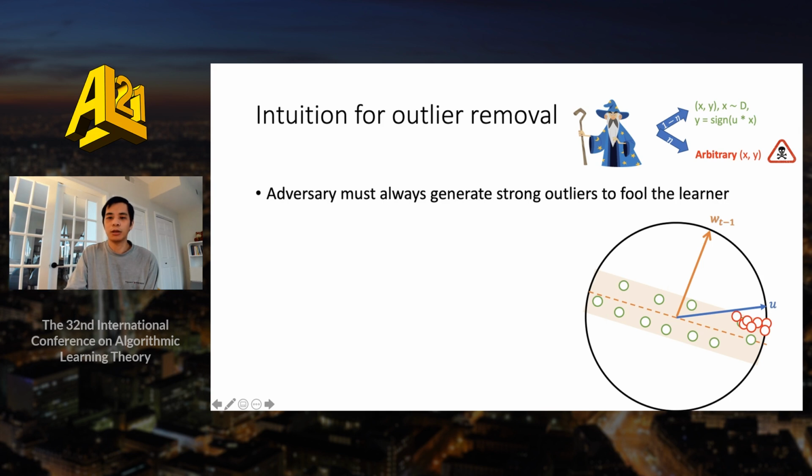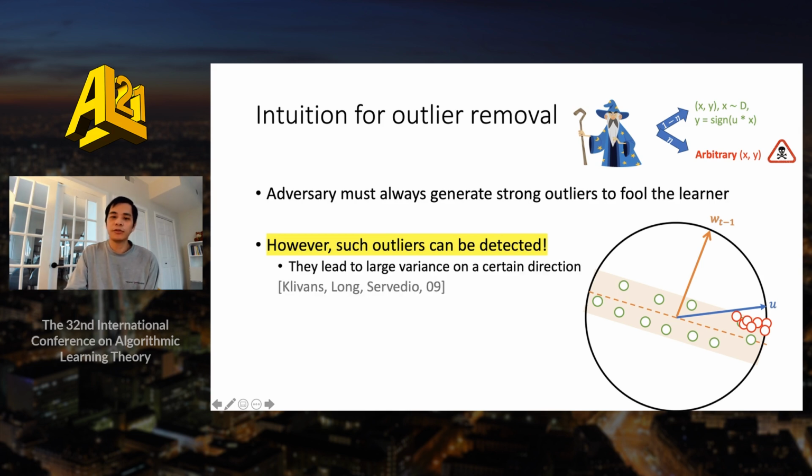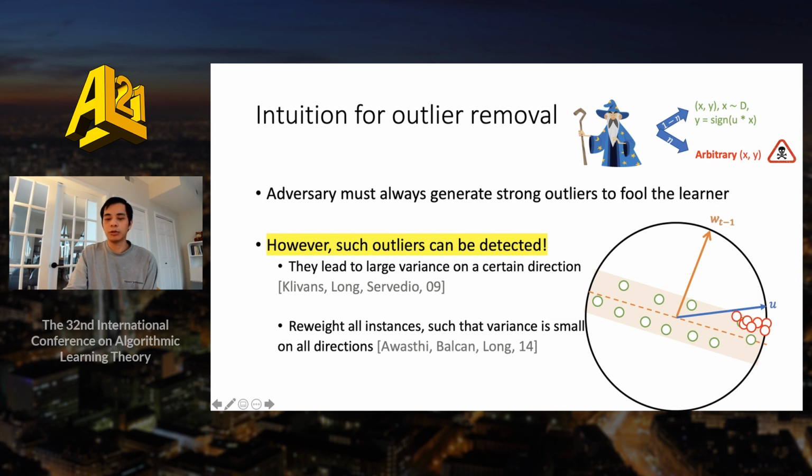So these are the points generated by the adversary if he wants to fail our algorithm. However, such outliers can be detected. This follows the intuition that if this is our data, then there must be a direction with large variance. So what we do is we try to find a weight for each point such that the variance is small in all directions.